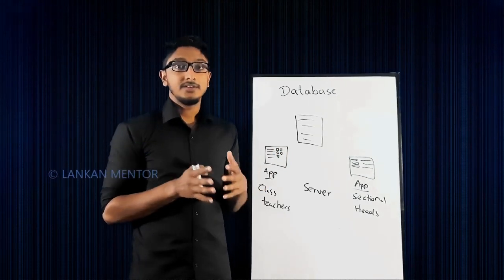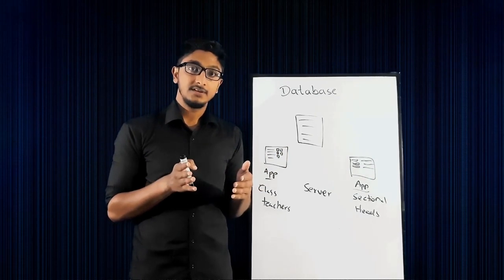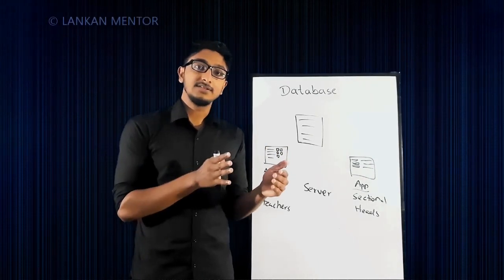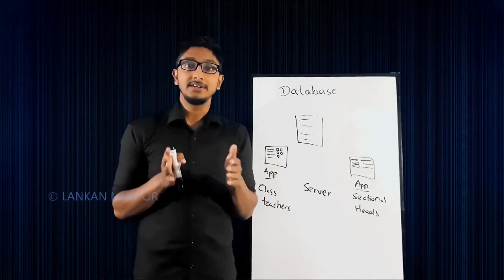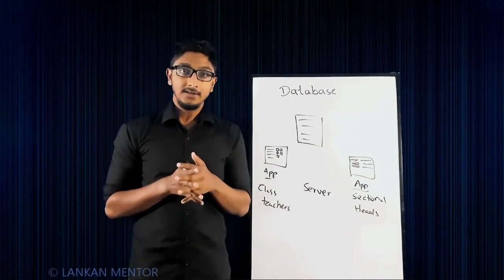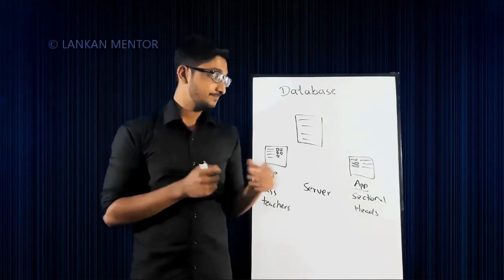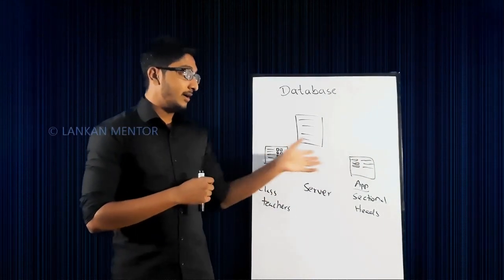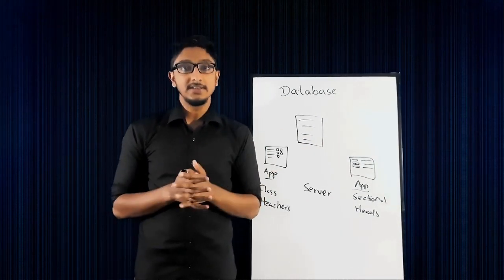So one table will contain information about students, right? Let's say another table contains information about teachers. So there will be different tables containing different data about different needs, right? So you see, many applications are using one database. That is what it says.